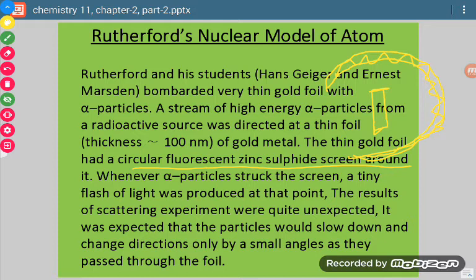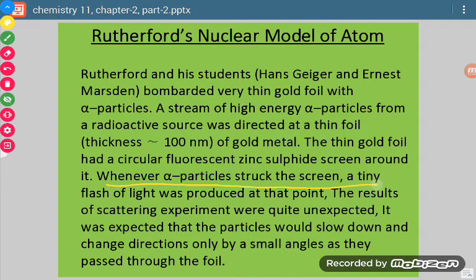A zinc sulfide coated screen produces fluorescence, so whenever a particle strikes it, we can see a flash at a particular point. This way we can observe in which direction the alpha particles are going, whether they are moving straight or deflected by some angle. That can be checked by the movable circular screen.